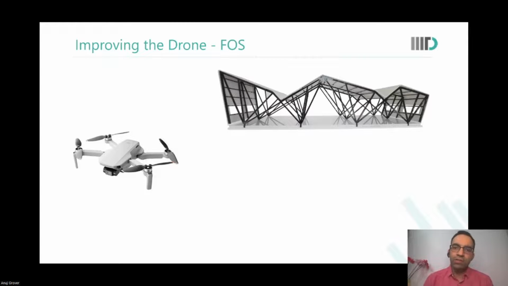You've seen big buildings, huge buildings. They carry a lot of weight, a lot of load on them, but the pillars and the structure themselves are such that they are light, yet able to carry that weight and have the strength to bear huge loads.